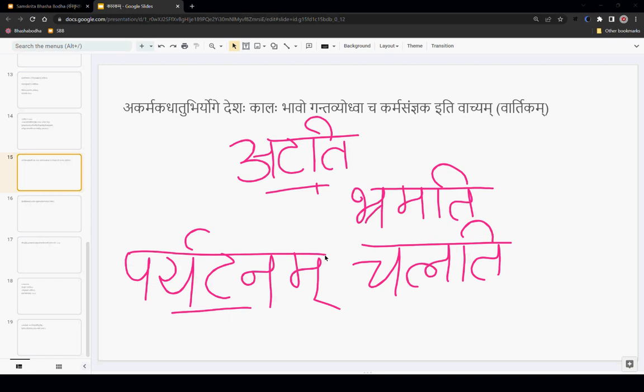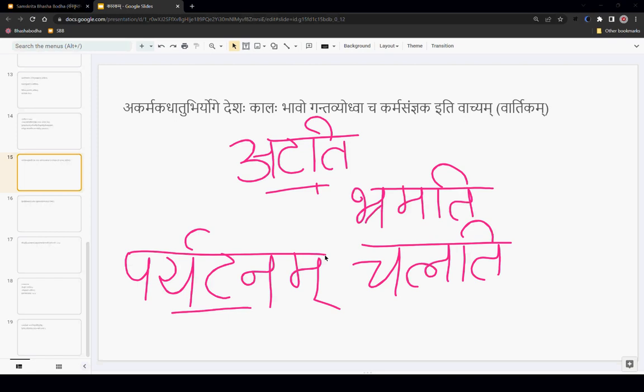So udaharanam: Parashurama, whose original name is also just Rama. He became Parashurama as a nickname, but his name is also Rama. Rama, Parashurama, bhumim bhramati. That is more appropriate. Bhumim bhramati. Mahim atati.